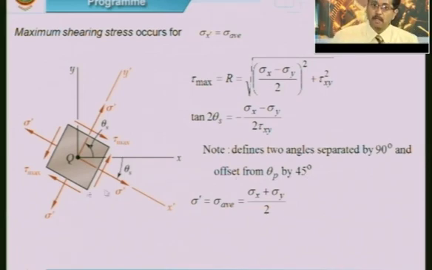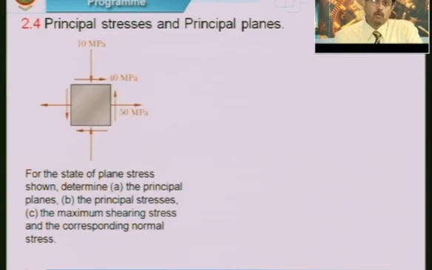The normal stress acting on the maximum shearing stress plane is given by this equation, that is sigma x plus sigma y by 2, and that is what is indicated in this figure. And we have also looked at how to get the values for the given stress forces.